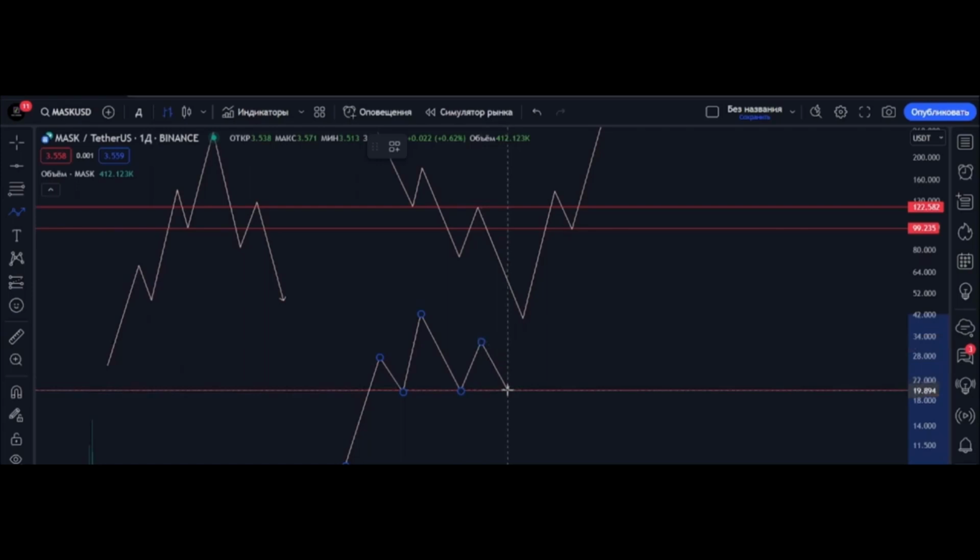If the breakdown and fixation below this neck, this horizontal level, which is called the neck, does not happen, so we're right here, if we don't close in the chart zone, and the tool will come here, we can bounce back and go up. I mean, the structure might not break. It's important for us to update this one, so that we go down to the chart zone here, consolidate here and go down.